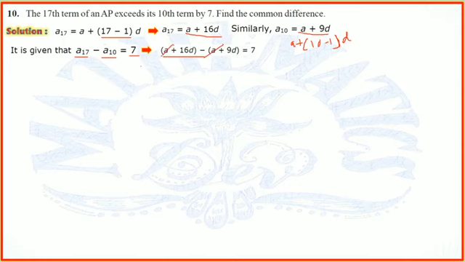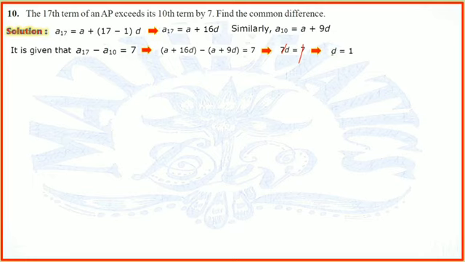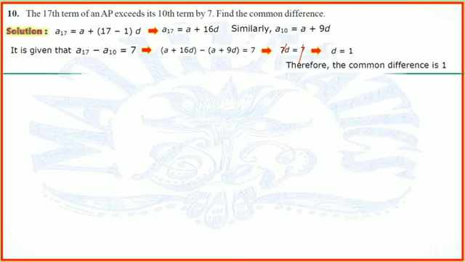A and a cancel, and then 16 minus 9 is 7d, which is equal to 7. 7 and 7 also cancel. So d is equal to 1. Hence, the common difference is 1 for this question.